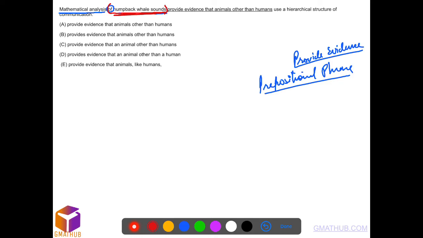So prepositional phrase has no bearing on subject and verb. That's the point here. That is mostly used to camouflage the right subject. So that's a trap for you. So the way we can write this thing is as mathematical analysis of so and so provide.